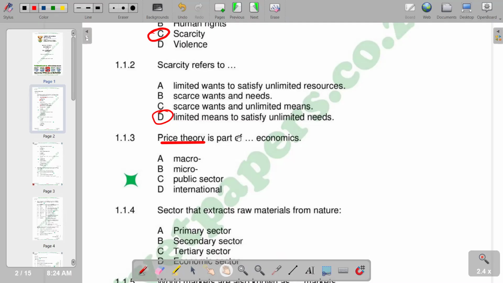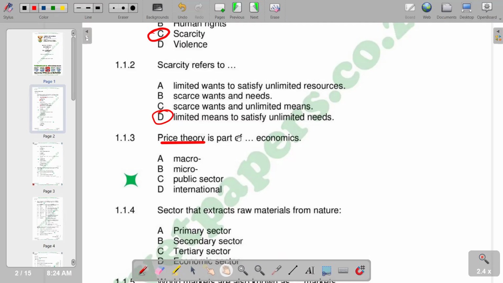So you'll see that price theory becomes a part of microeconomics. Remember, price theory explains the interaction of the forces of demand and supply and how prices are determined, which can be done from an individual, household or firm point of view.